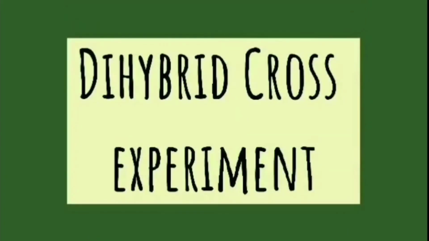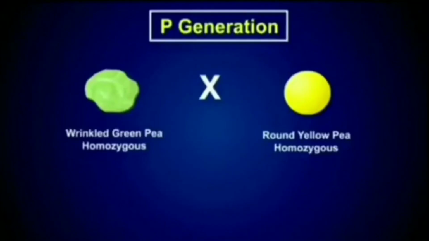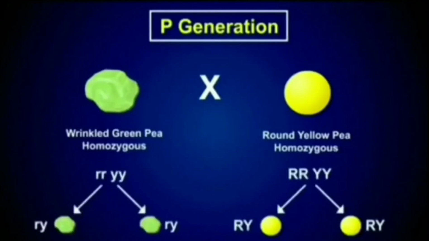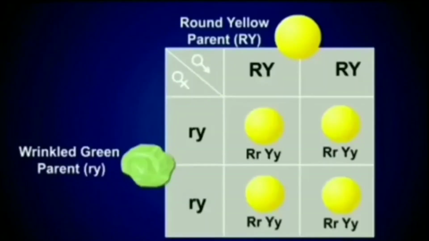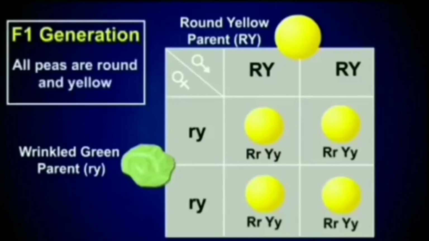Dihybrid cross experiment. In a dihybrid cross experiment, Mendel considered two traits, each having two alleles. He crossed wrinkled green seed and round yellow seeds and observed that all the first generation, F1 generation, were round yellow. This meant that the dominant traits were the round shape and yellow color.